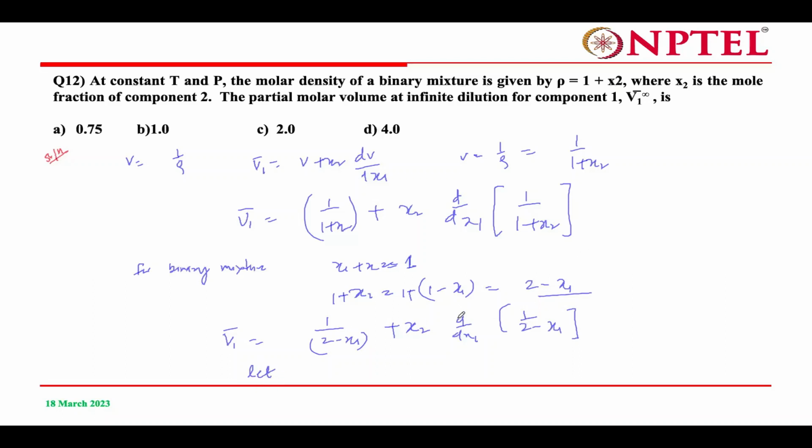Now to evaluate this term, let Z equal to 2 minus X1, so differentiating, dZ is equal to minus dX1, right.